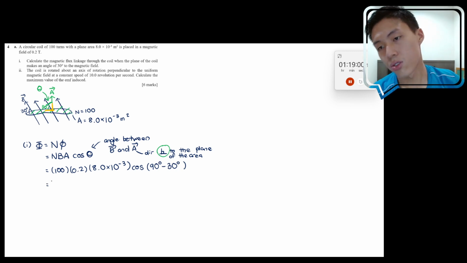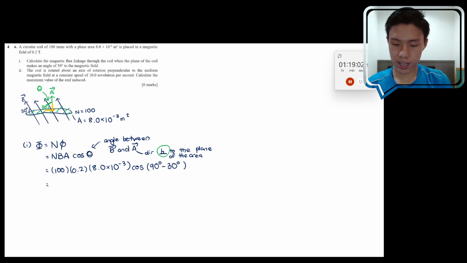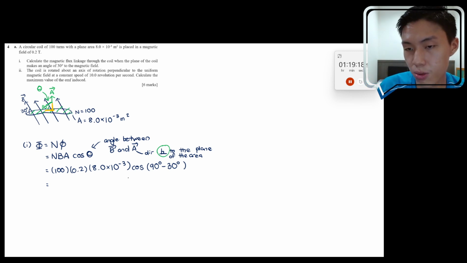So to calculate it, this will be 100 times 0.2 times 8.0 times 10 to the power negative 3 times cos 60 degrees. Then you get 0.08. That's your magnetic flux linkage.